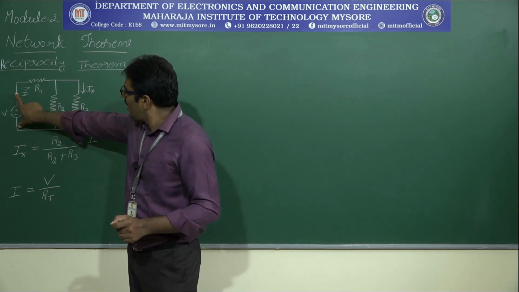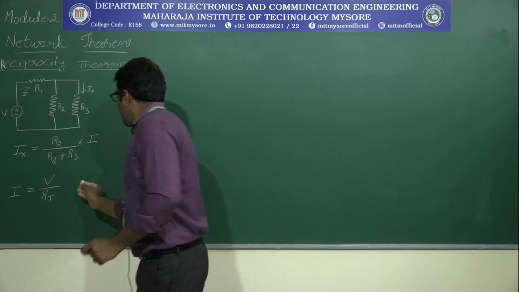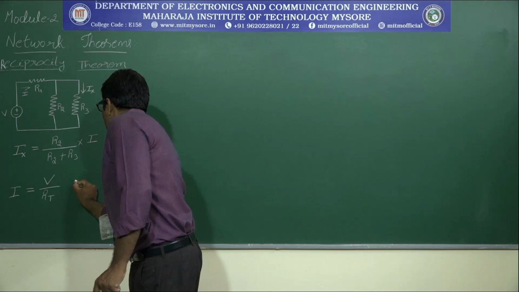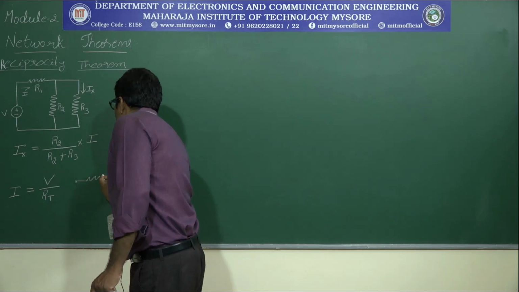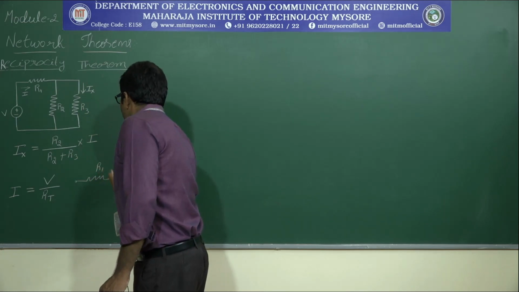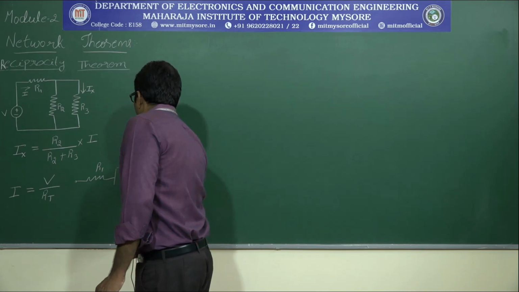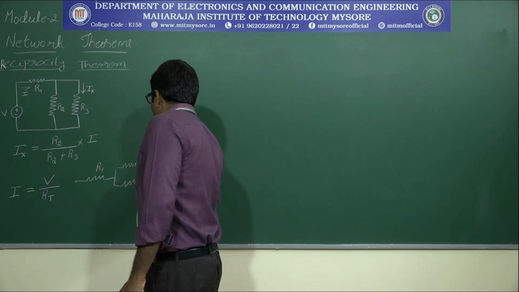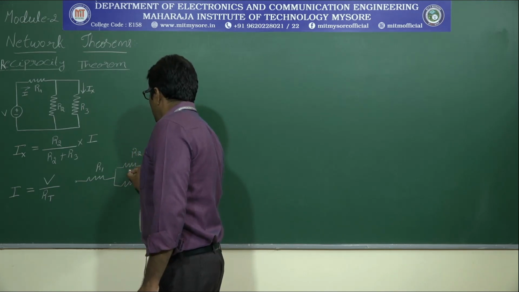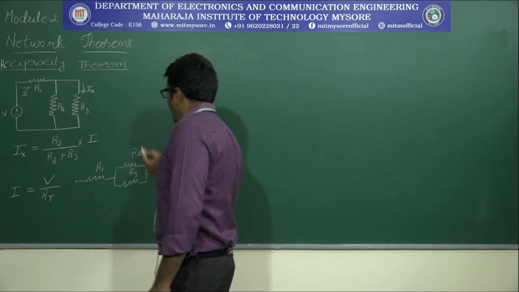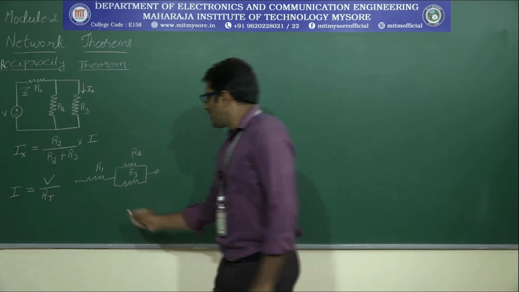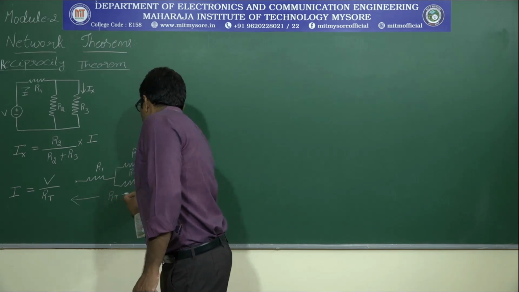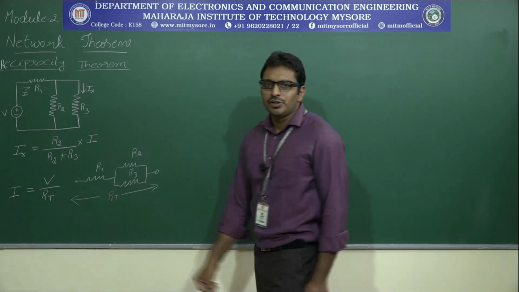If you open the terminal at these 2 points, now the circuit looks like this: R1, next R2 and R3 are connected in parallel. Now easily you can find out the effective resistance or total resistance between these two terminals.